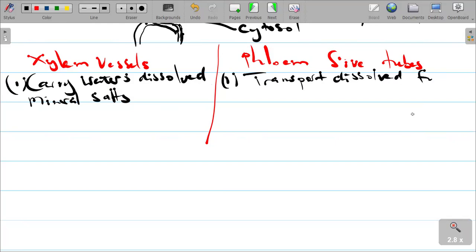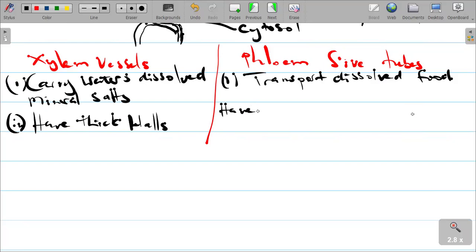And then we also need to understand that the xylem have thick walls, and the phloem have thin walls made of cellulose.